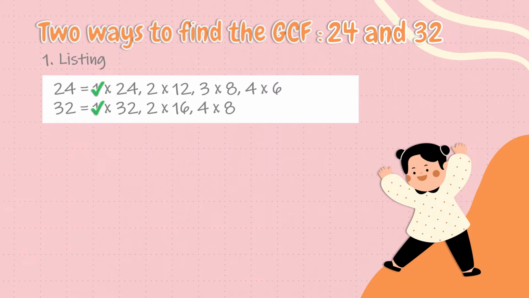These are numbers 1, 2, 4, and 8. But we are looking for the greatest common factor, and that is 8. So the GCF of 24 and 32 is 8.